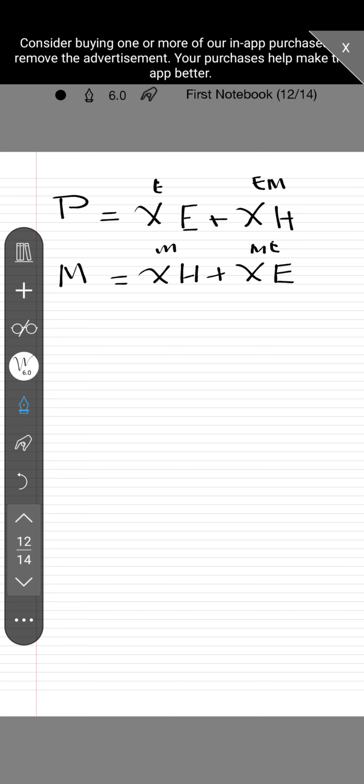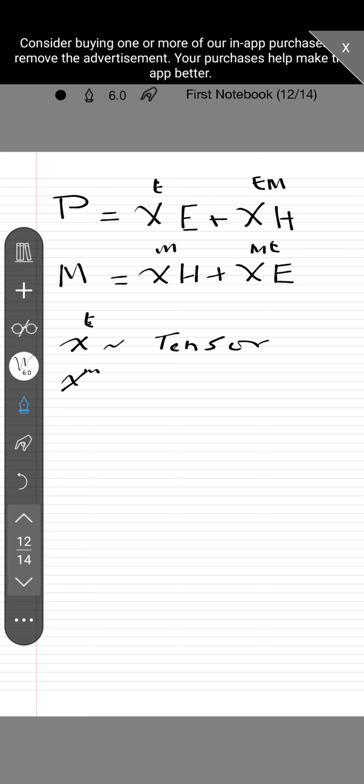Now this electrical susceptibility is a tensor quantity, and so is the magnetic susceptibility.